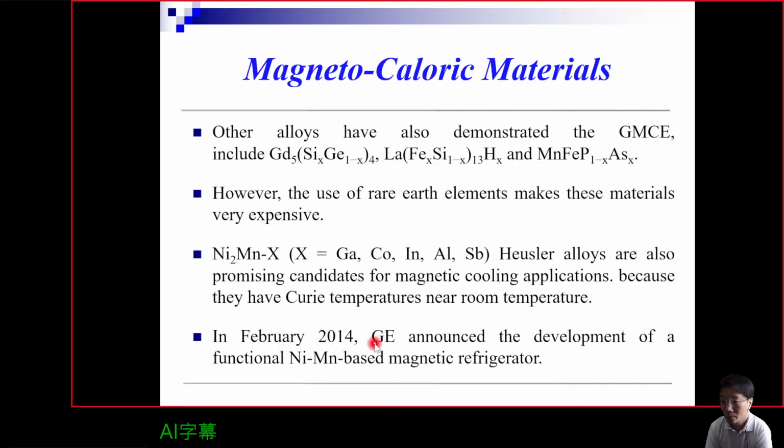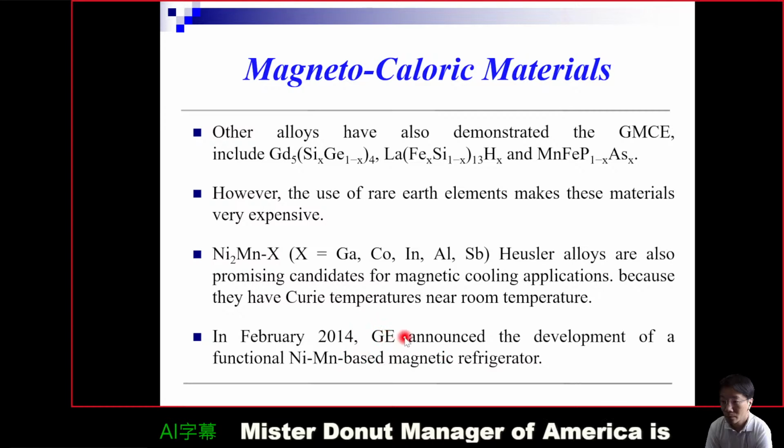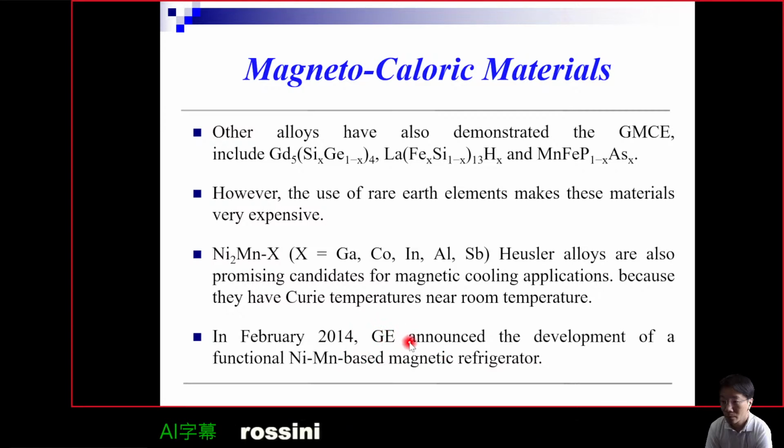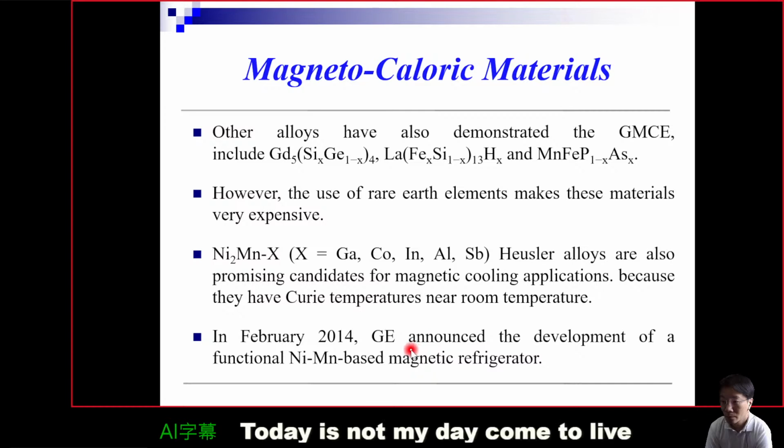But in practice, we still do not find any kind of magnetic refrigerant products, because its efficiency and its working temperature are still not so ideal compared to the traditional refrigerant. But it's just an idea that maybe you can use it in specific environments.